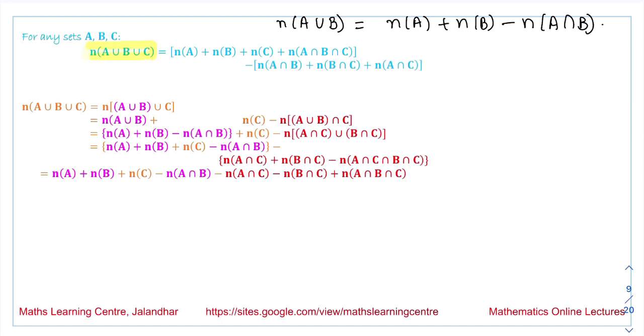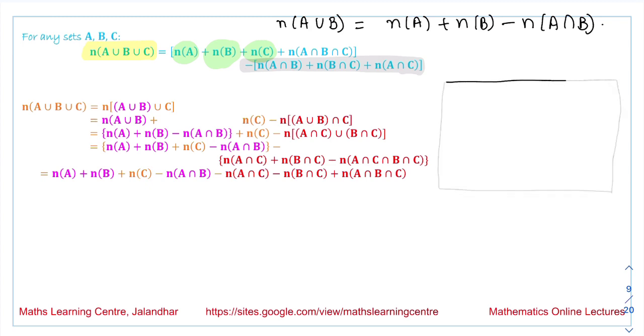The number of elements in A union B union C is equal to the number of elements in A plus the number of elements in B plus the number of elements in C. Then we have to subtract the number of elements in the intersection of A and B, the number of elements in the intersection of B and C, and the number of elements in the intersection of A and C, and we have to add the number of elements of A intersection B intersection C. The proof is given over here.